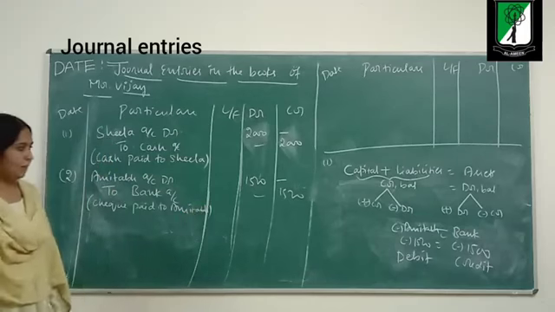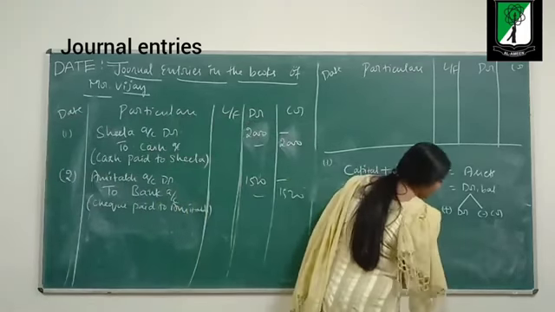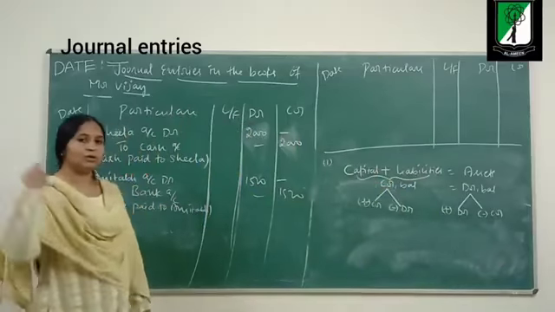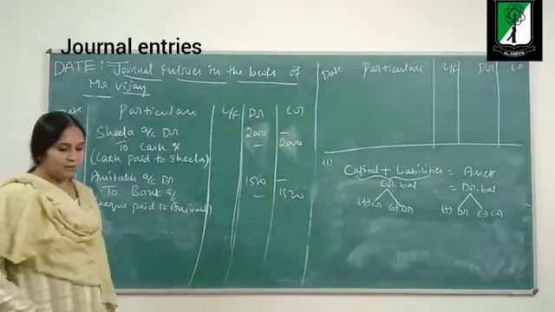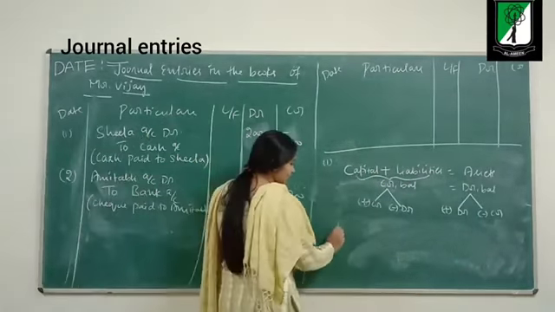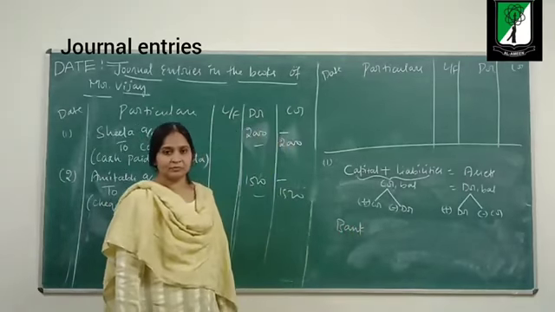Now, for example, the traditional rule. How do I pass the journal entry by applying the traditional rule? Paid to Amitabh by check. My bank balance is reducing.